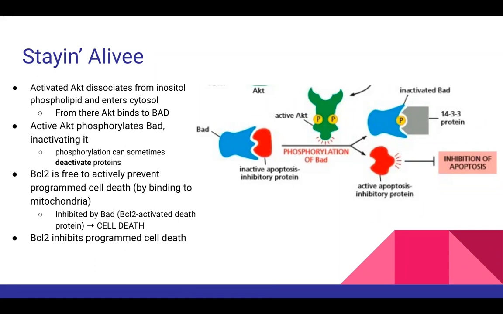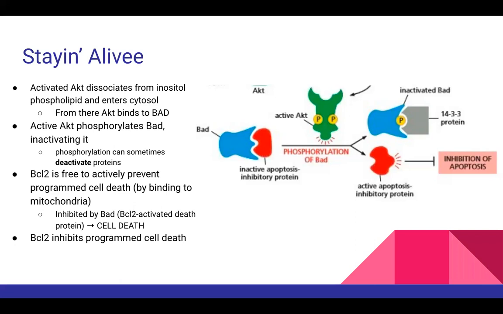Activated AKT will bind to this protein called BAD. And what will happen is the AKT will phosphorylate BAD, which will cause BAD to become inactive or deactivated. This might be a bit tricky to understand because up to this point, you guys have only seen phosphorylation as a method of activating proteins, but phosphorylation can also be used to deactivate things.